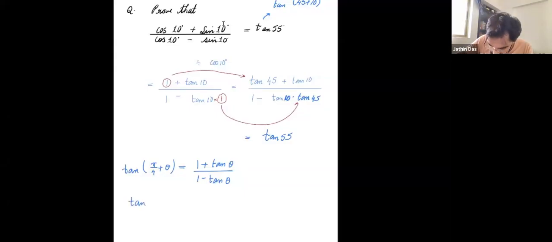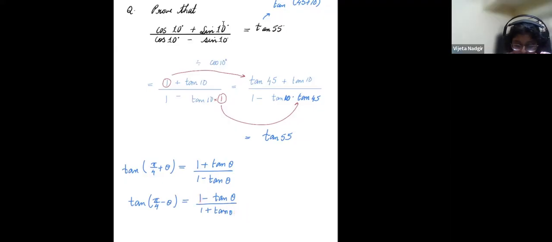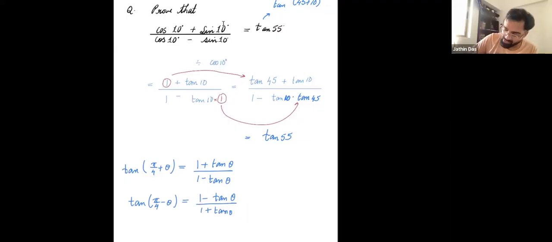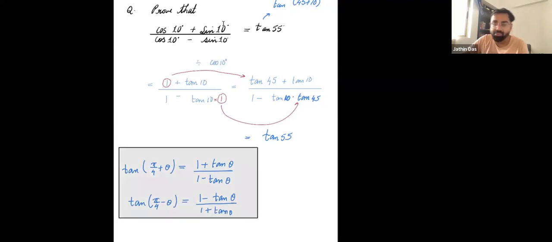Then tan of pi by 4 minus theta will be 1 minus tan theta by 1 plus tan theta. You understood now? Because here it is anyway 1 and into 1. Here anyway tan 45 is 1 and this also into 1. So this as it is, just study it. Don't worry, you will get very used to it. When 1 plus tan theta by 1 minus tan theta comes up, you will think of this.